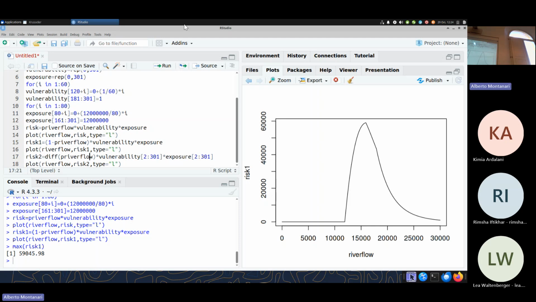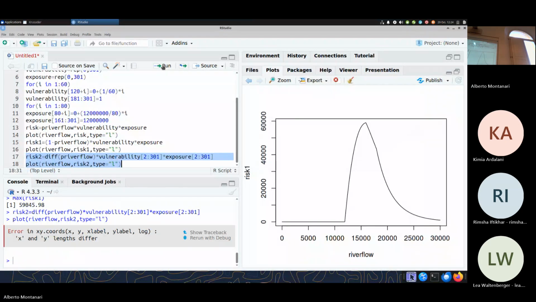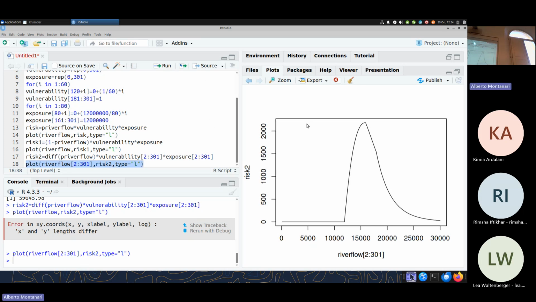So remember the max and remember the shape, and let's try to run it. Yeah, there is a problem here. Let me see. Plot. Yeah, okay, correct. From 2 to 301. Okay, let me rerun this. Okay, same graph. Same graph.